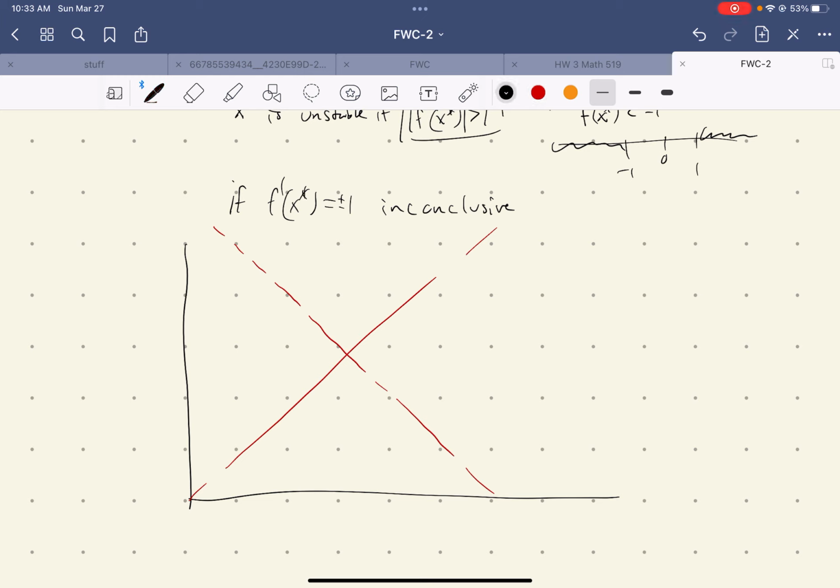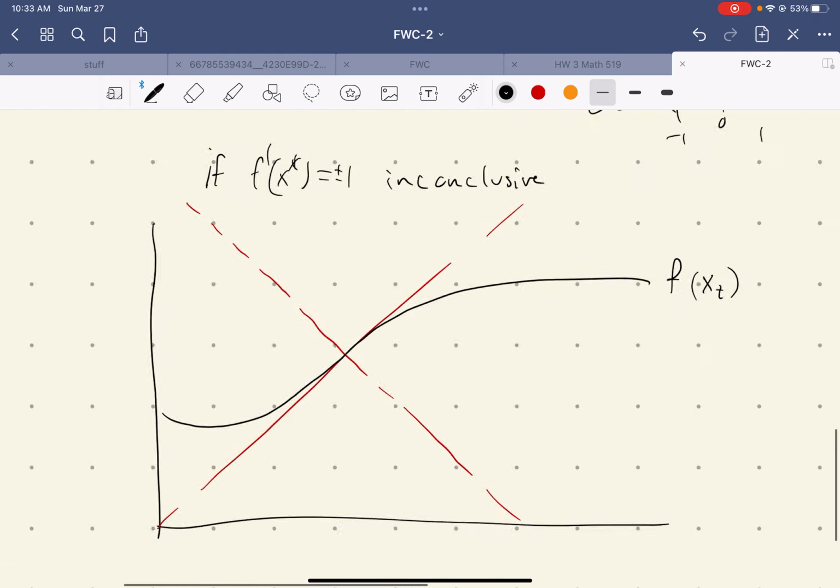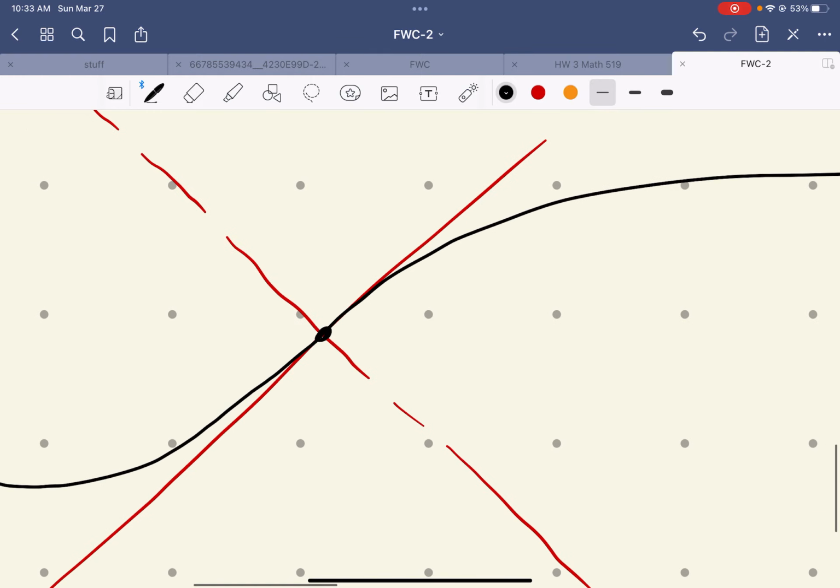So if I kind of come in here and I start to look more and more like the red line, and then I go away like this, okay, if this is my updating function, x and t, then I tried to match the slope of the red line y equals x right at that equilibrium point. So in other words, I'm trying to make it so that f prime at this equilibrium point here is 1. I tried to match slopes.